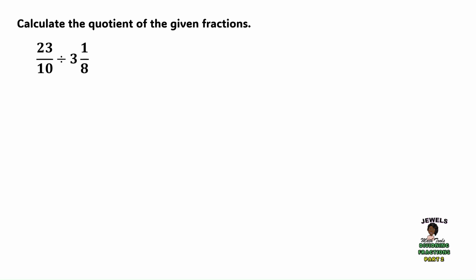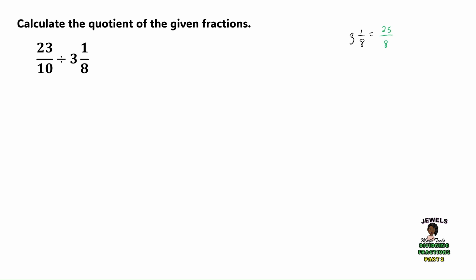So in our session today, we are calculating the quotient of an improper fraction and a mixed number. And as always, remember that when you're working with your mixed numbers, make sure that you convert that fraction into its improper fraction form first before you begin applying your steps for dividing a fraction.